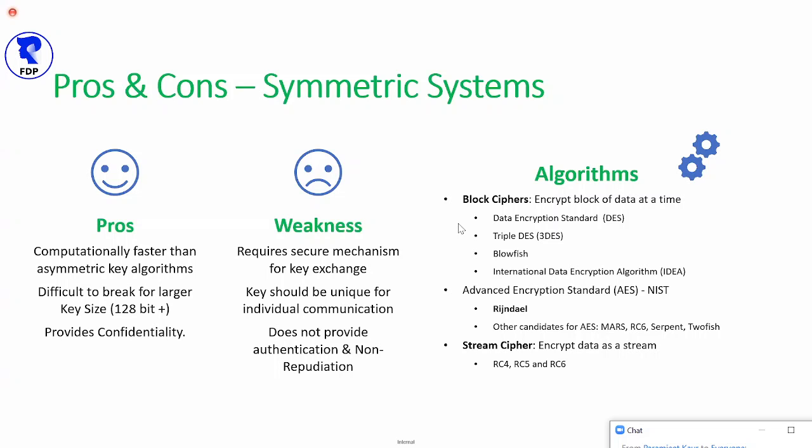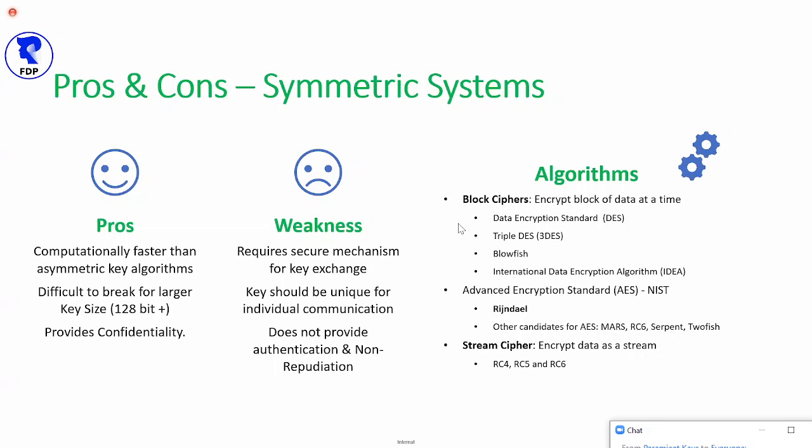So NIST had to come up with a new standard which would stand the test of time and the computational power that people have access to, both good guys as well as bad guys. So it opened a competition for the next standard, which would be used everywhere.